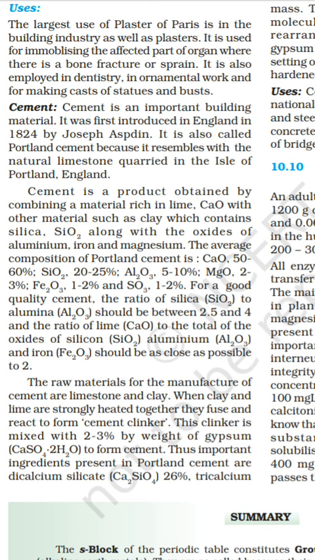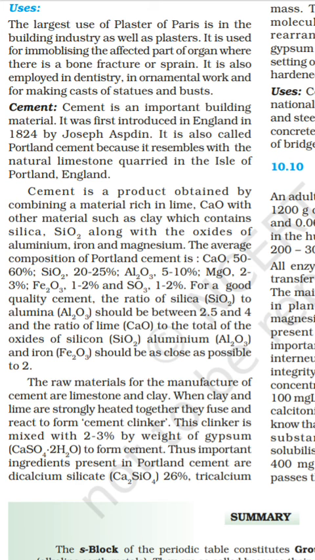The ratio of silica, SiO2, to alumina, Al2O3, should be between 2.5 and 4, and the ratio of lime, CaO, to the total of the oxides of silica, aluminium and iron, Fe2O3, should be as close as possible to 2. The raw materials for the manufacture of cement are limestone and clay.